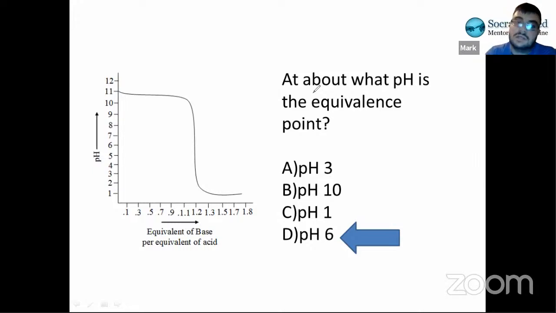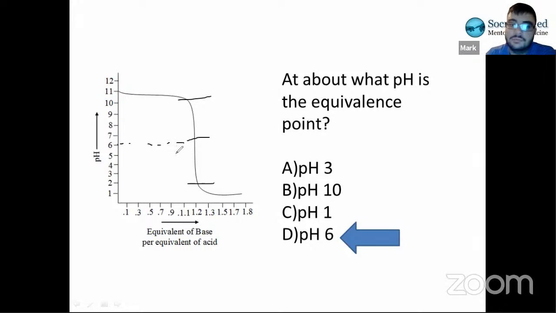Again, the difference between strong and weak will be where the equivalence point is, where the midpoint is, all of that stuff. That's what makes the difference between strong and weak, both in acid and in base. As for the equivalence point, like I mentioned, this is where the spike, or the drop in this case, is, and halfway through is roughly here, and that corresponds to about pH 6.